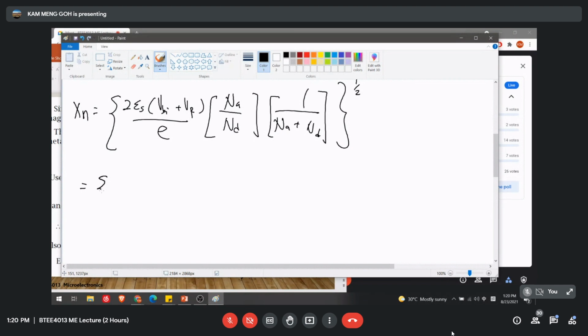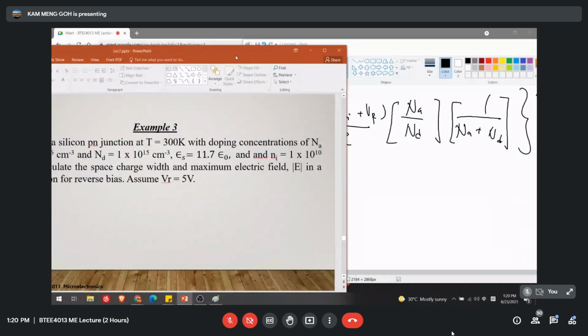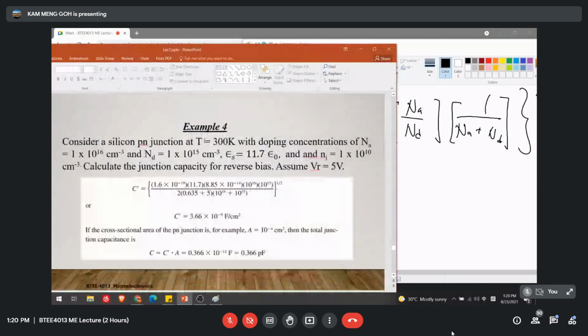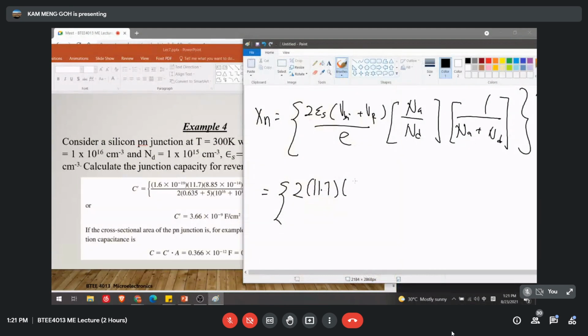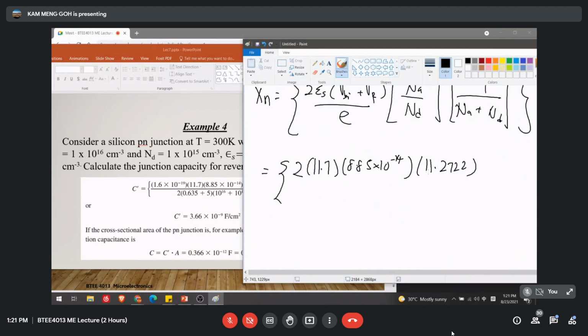So this will be 2, 11.7 multiplied by the value 8.85 times 10 to the power negative 14, then 10.2772, over 1.6 times 10 to the power negative 19.